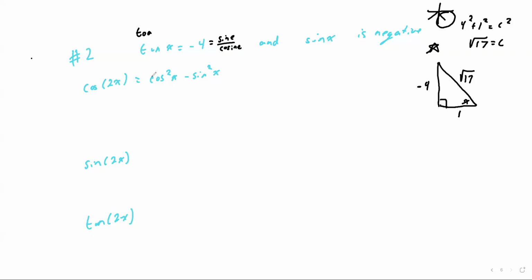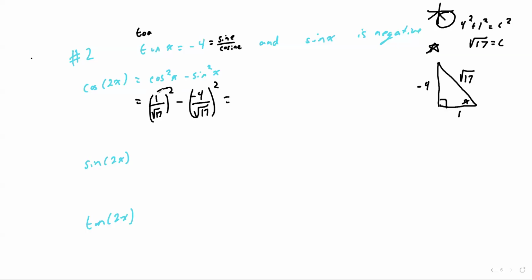So now I'm ready to plug this in. My cosine squared here, this would be SOHCAHTOA, so that's adjacent over the hypotenuse. So that's going to be (1 over the square root of 17) squared. Don't worry about rationalizing it right now. Do that part at the very end if needed. Sine will be (-4 divided by the square root of 17) squared.